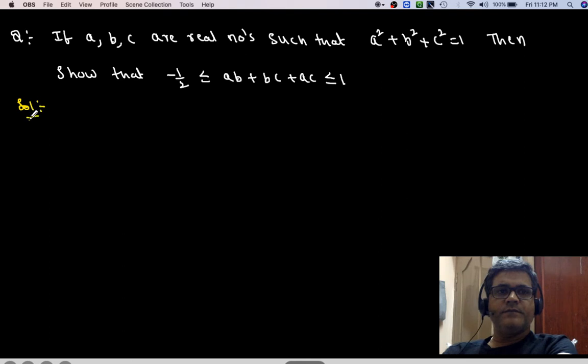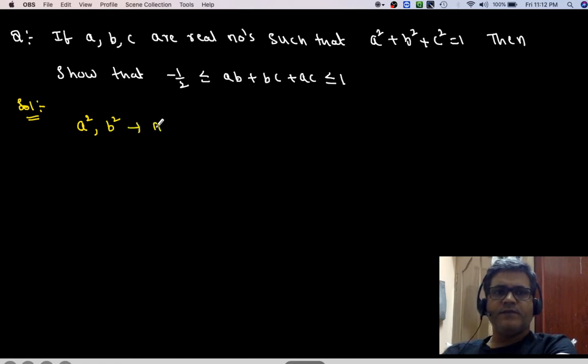Solution: So to prove this one, what I do is I will consider a square and b square. For these two quantities I will apply arithmetic mean is greater than or equal to geometric mean.